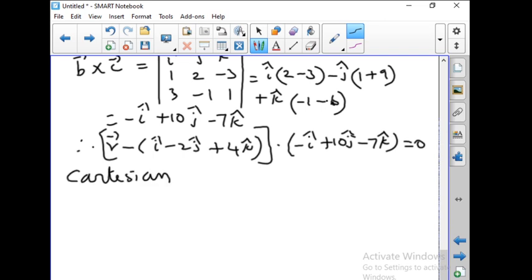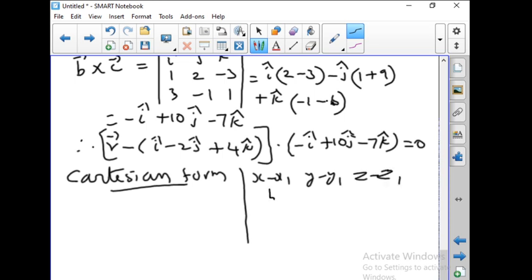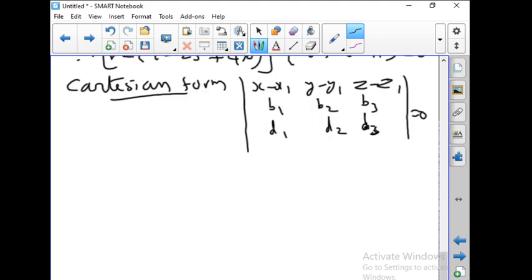So all are similar questions only. Cartesian form, what about the determinant? The determinant of x minus x1, y minus y1, z minus z1, b1, b2, b3, d1, d2, d3 is equal to 0.